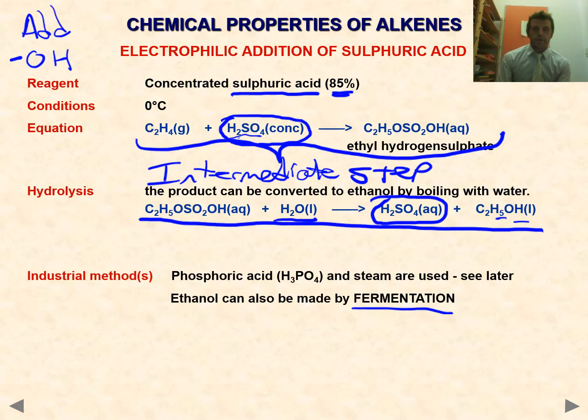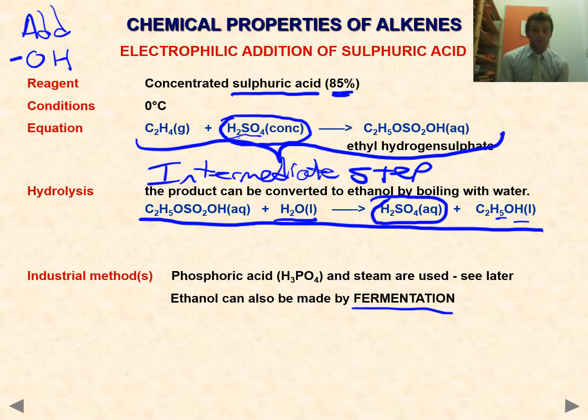Another group that we can add on to an alkene is this: this is how we can add alcohols, so add an OH group to these alkenes. And the way my organic chemistry teacher explained this to me was, quote, sledgehammer chemistry. We are using concentrated sulfuric acid at an 85% solution.